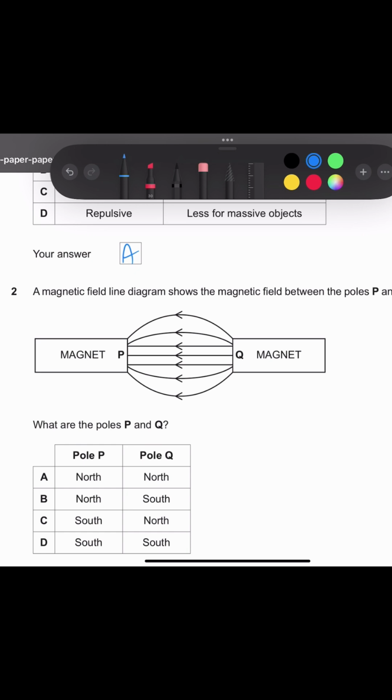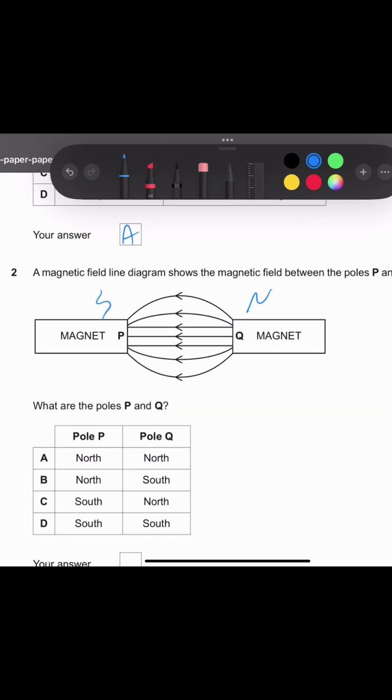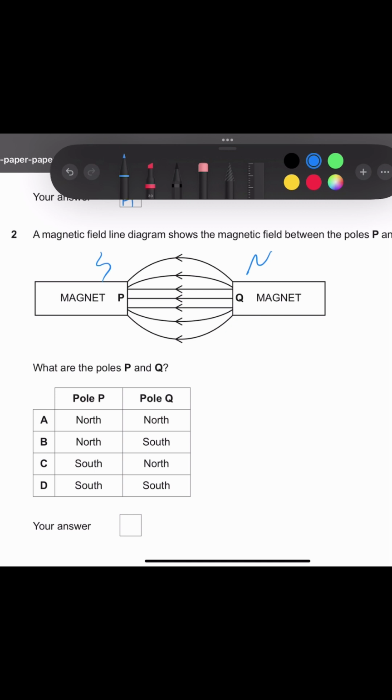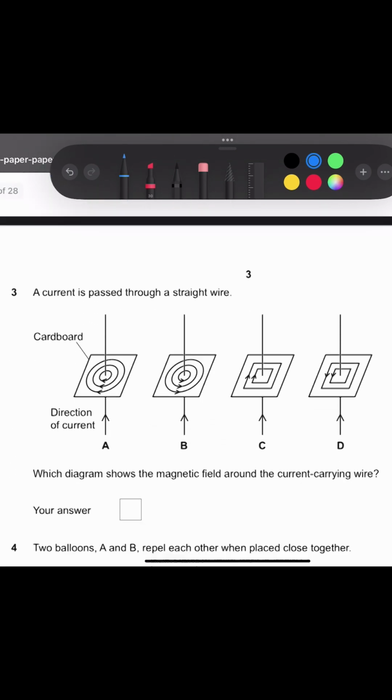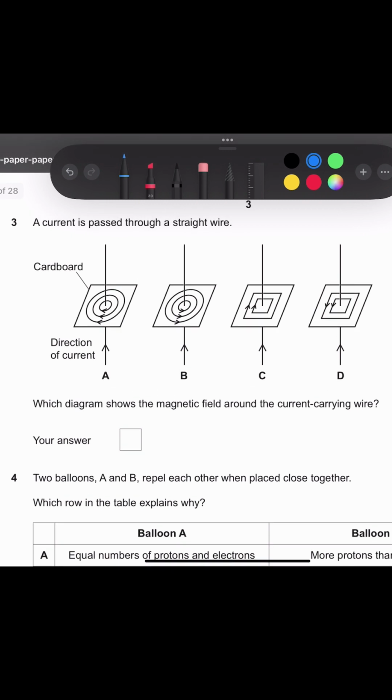The magnetic field diagram shows the magnetic field between the poles P and Q of the two magnets. The field is going from Q to P. We know that the field goes from north to south, so that means Q is north and P is south, and we need to find the option that says that.